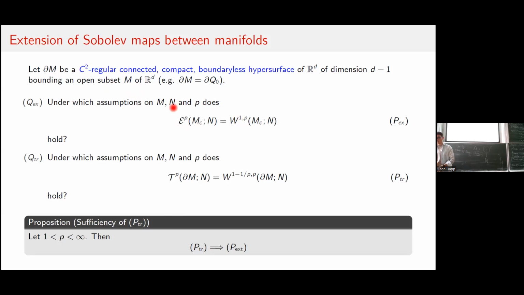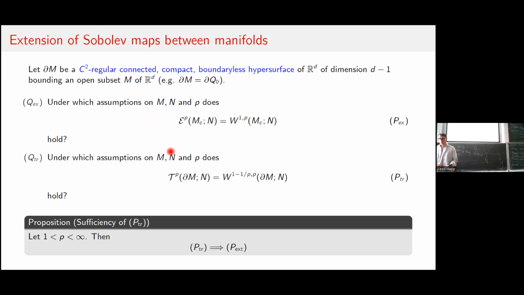And if this property P_X is fulfilled, this just means that this E_P space is the space of all functions which can be extended from the annulus to the inside. So if the two spaces coincide, this means that actually every function can be extended to the inside.